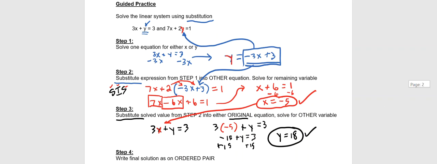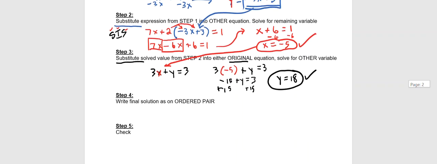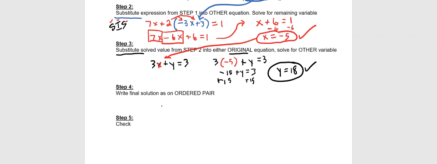Now those two variables together make up our ordered pair. So our solution should be, instead of x, y, well, our solution is negative 5, 18. And that should be our end result. That should be, if we graph these two equations, the point at which those two graph lines would intersect.